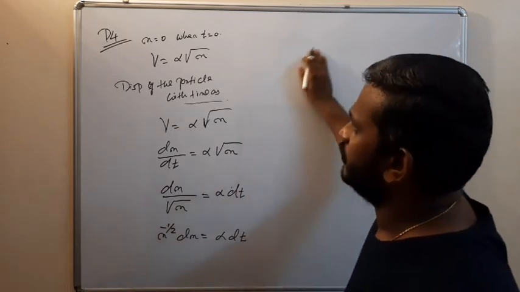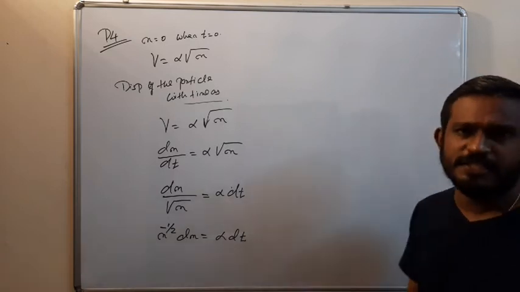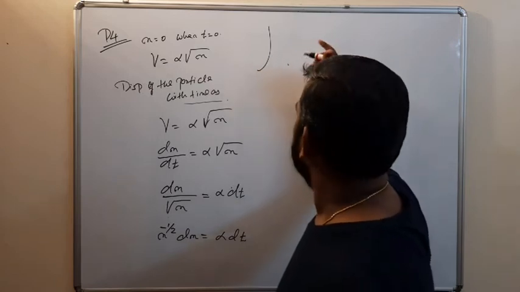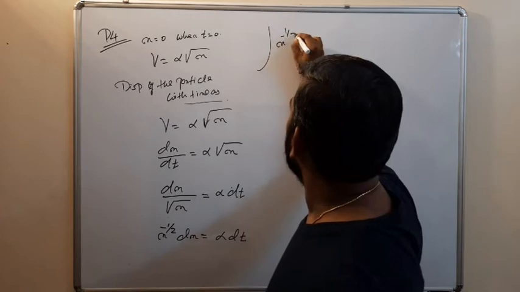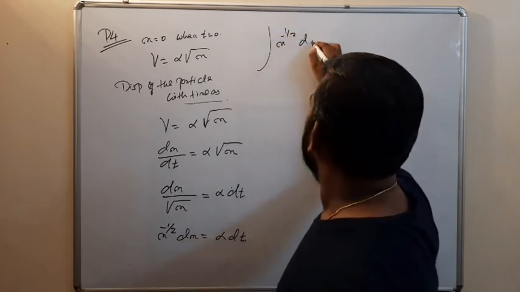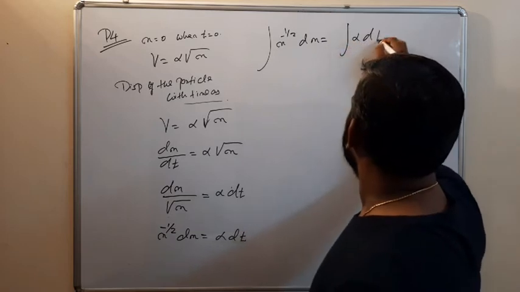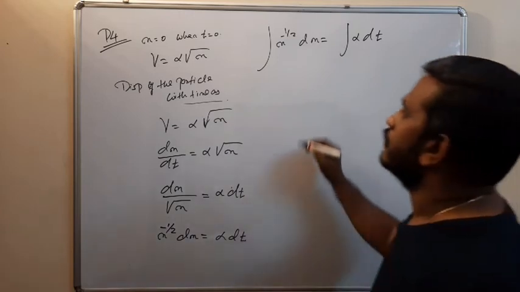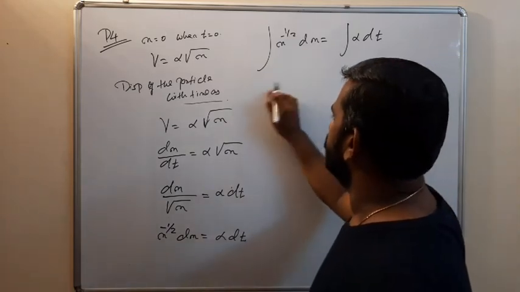We are integrating without limits, that is indefinite integration. So the integral of x power minus 1 by 2 dx is equal to the integral of alpha dt.